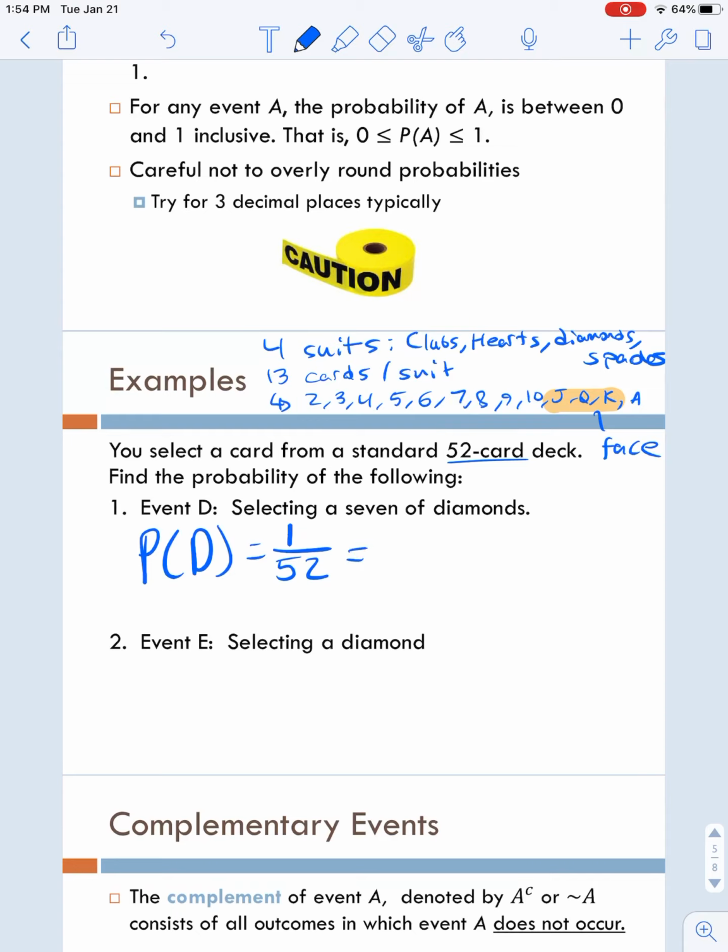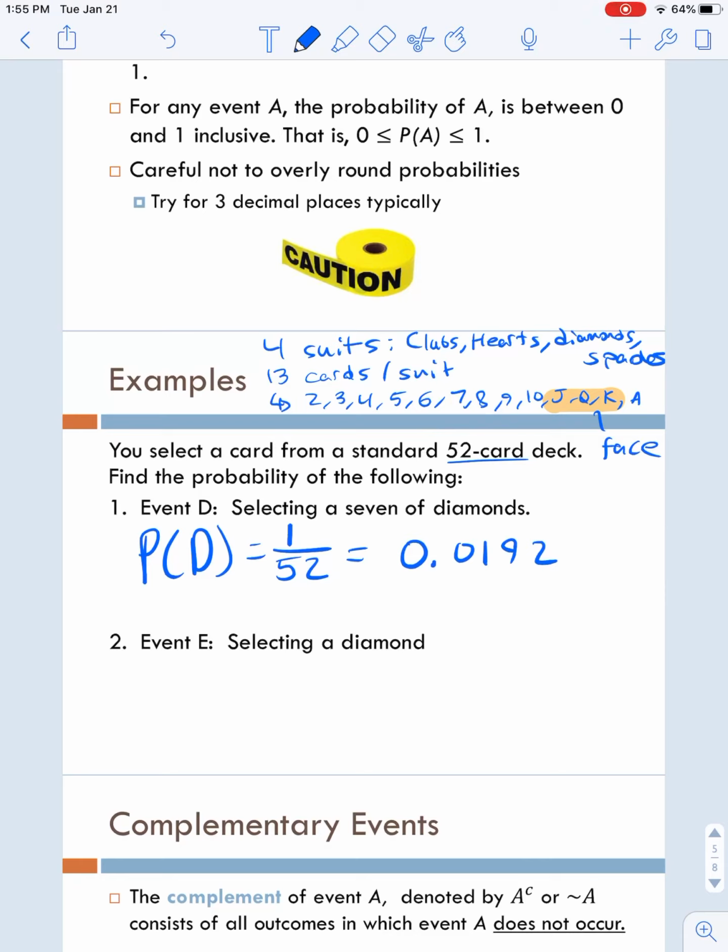Now, I go to my calculator, and I type in 1 divided by 52, and I get 0.0192. So approximately 1.9% probability. So now, moving on to event E.